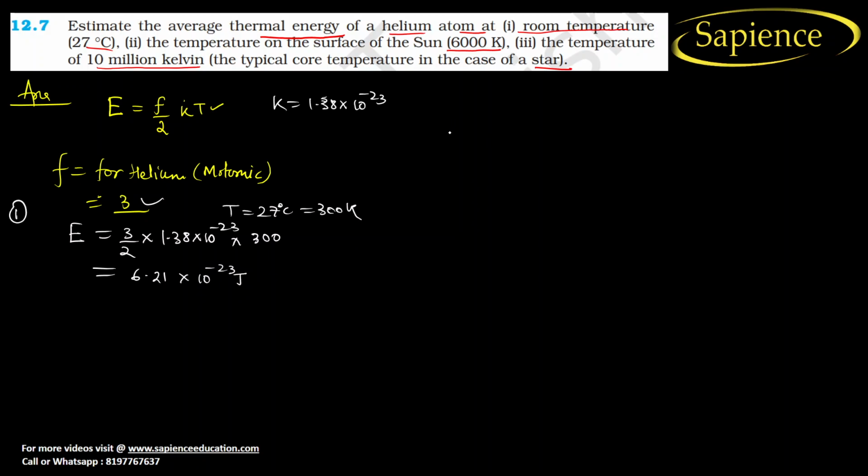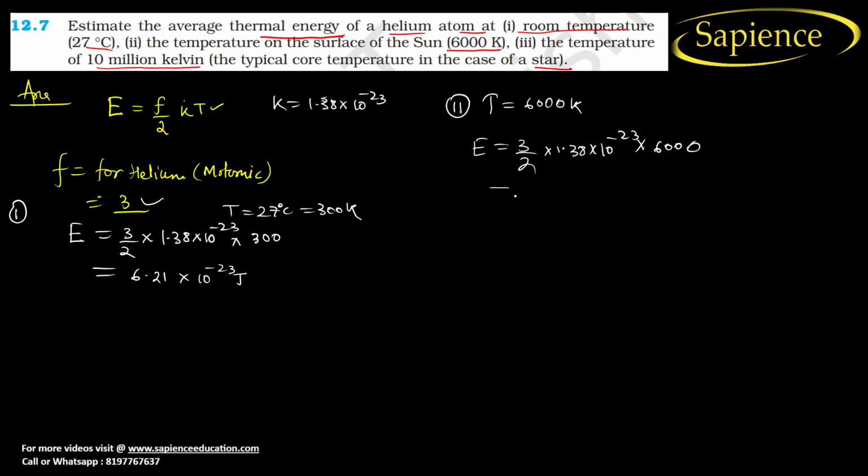Now let us do case 2. We have to find the energy at the surface of the Sun, at a temperature of 6000 Kelvin. We apply the same formula, E is equal to 3 by 2, because the gas is monoatomic, into 1.38 into 10 to the power minus 23 into 6000.